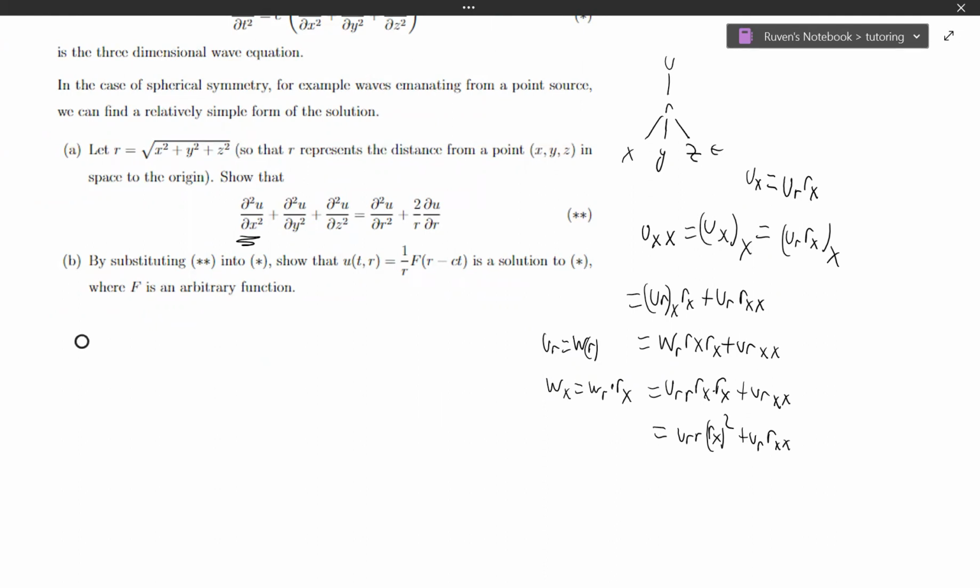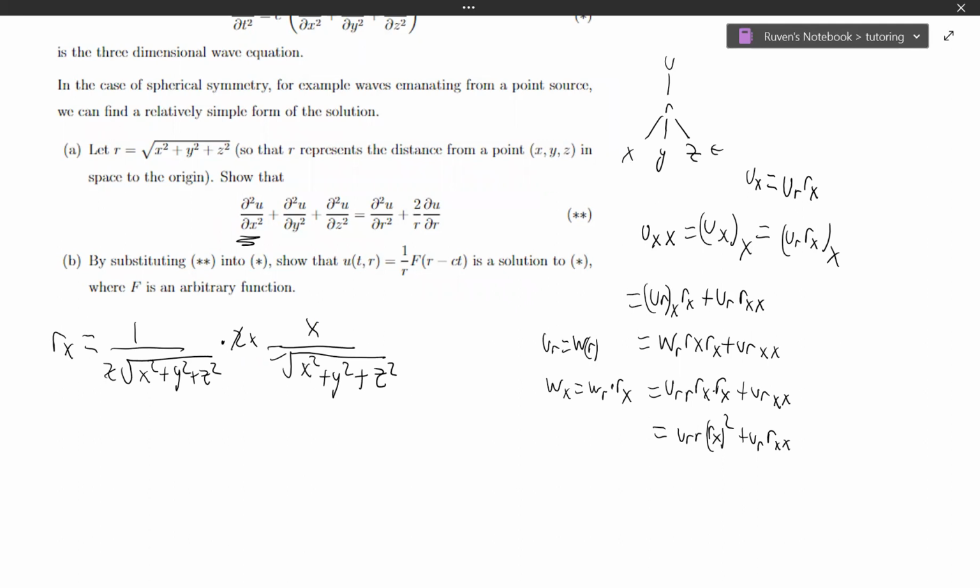So I'm just going to write it over here. r_x is equal to 1 over 2 root of x squared plus y squared plus z squared, times 2x, because we need to chain it to x squared. These two are going to cancel out, and it's going to be x over the root of x squared plus y squared plus z squared.